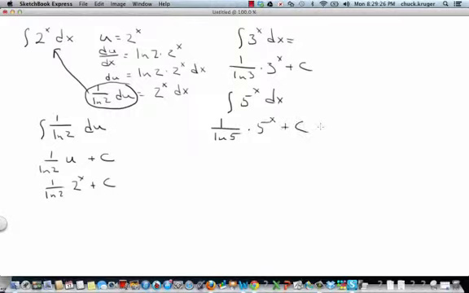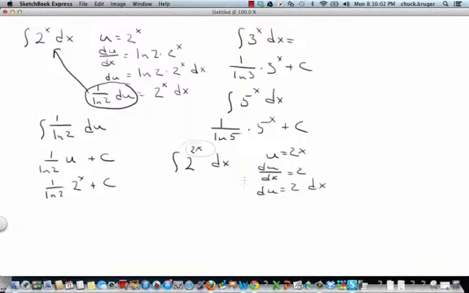Alright, another problem I have is, what if I have this 2 to the 2x dx? Well, I know what it is if it's to a single power, but now I've got this kind of complicated thing. So what I'm going to do is let u equal 2x, du dx is equal to 2, and I'm going to get du is equal to 2 dx.